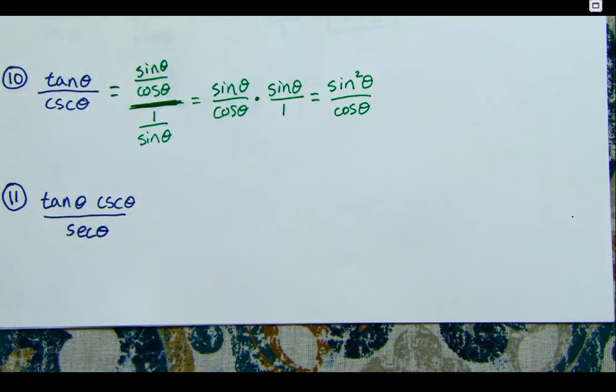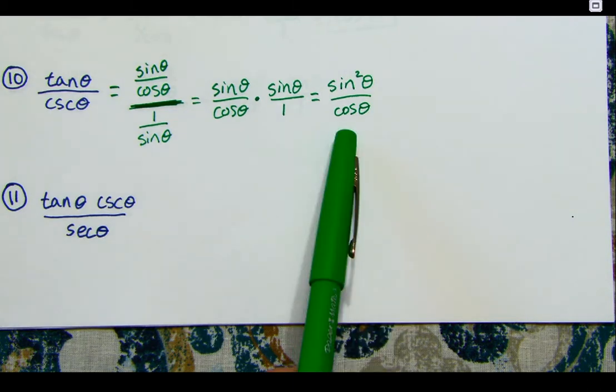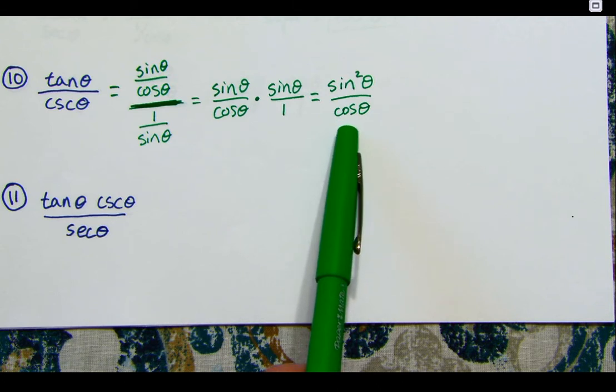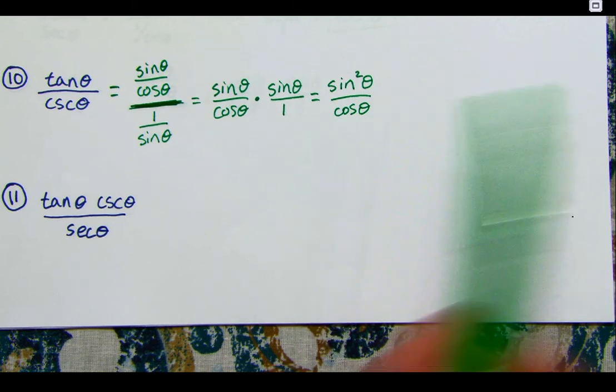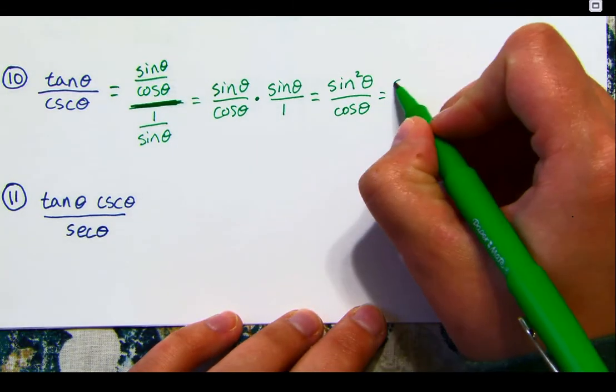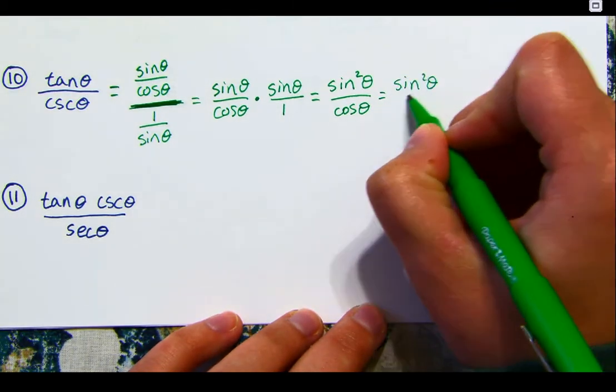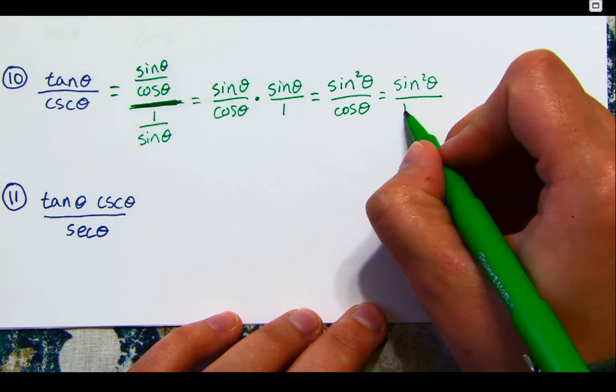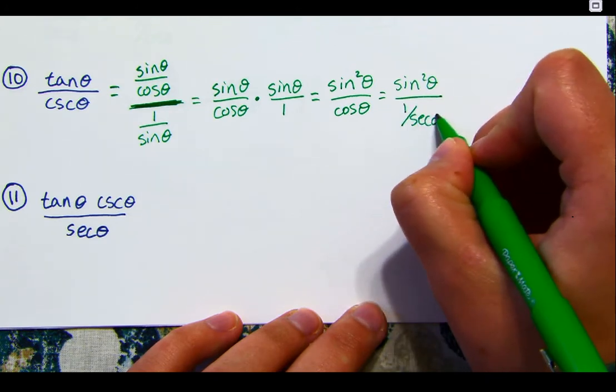Okay. Now if I can avoid it, I don't want a fraction. So what I'm going to do next to get rid of the fraction is to go ahead and replace cosine with its reciprocal. So this is one of the cases where we would do that. So next I will have sine squared theta over 1 over secant theta.